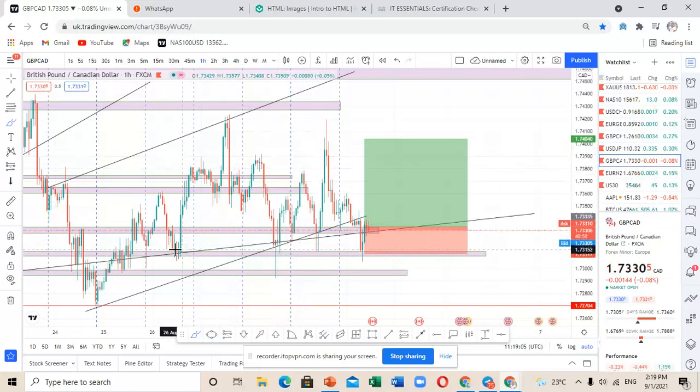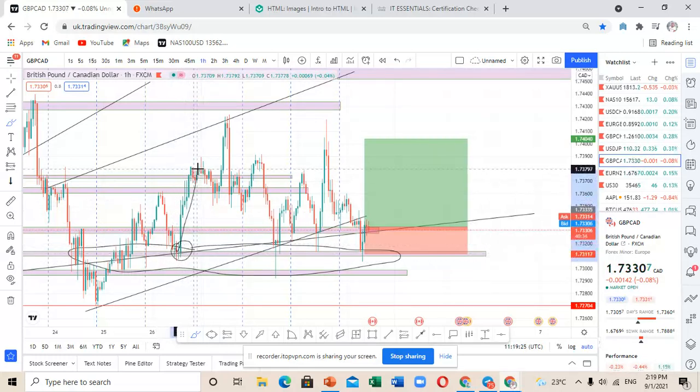Remember, this is a very strong point of support. You can see that when the market made a touch to these areas here, the market moved to the upside.